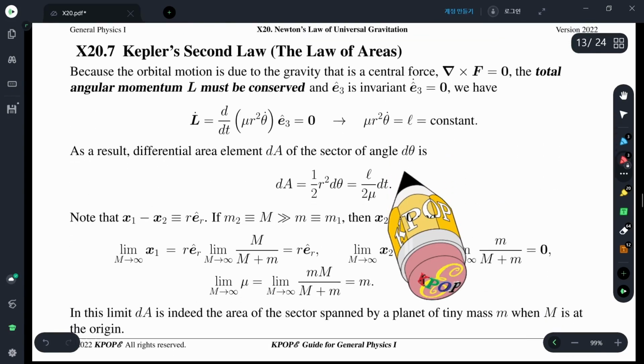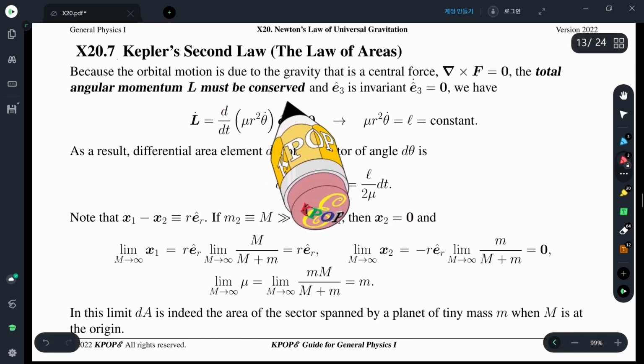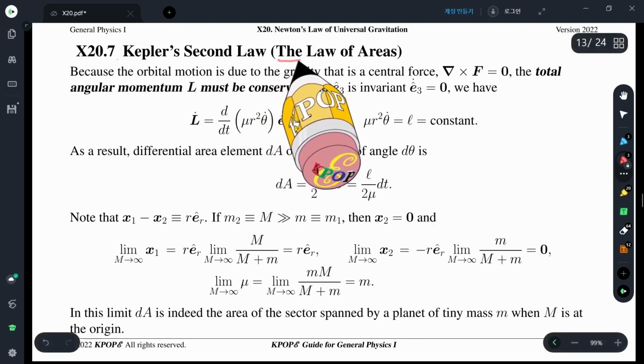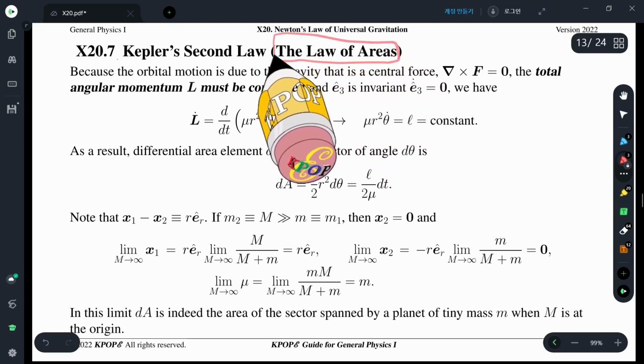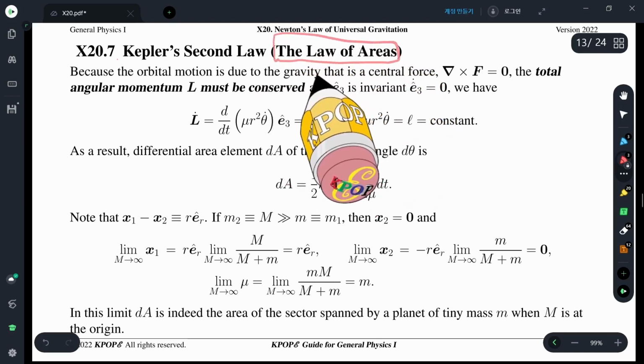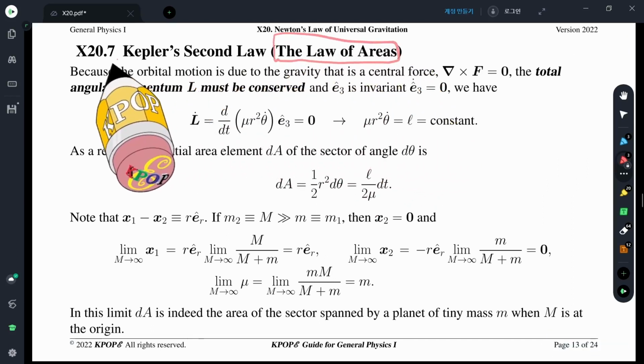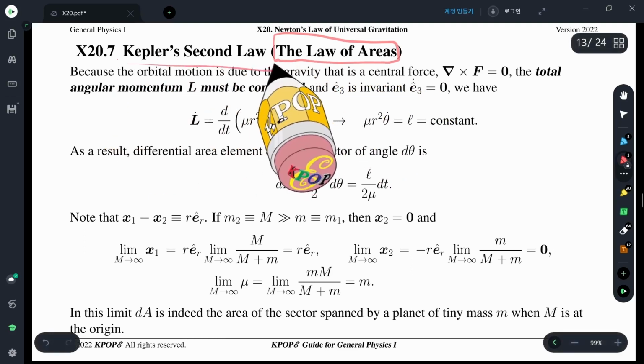All of these results are based on the conservation of angular momentum and conservation of total mechanical energy. These are two constraints. Especially, the conservation of orbital angular momentum leads to the law of areas, that is Kepler's second law.